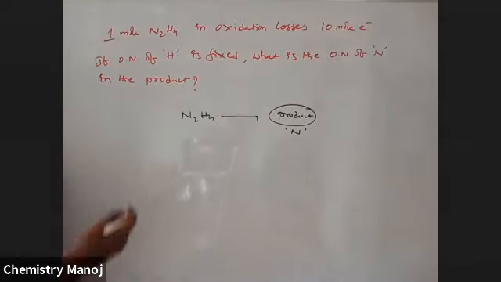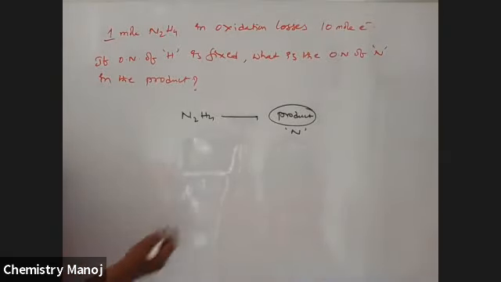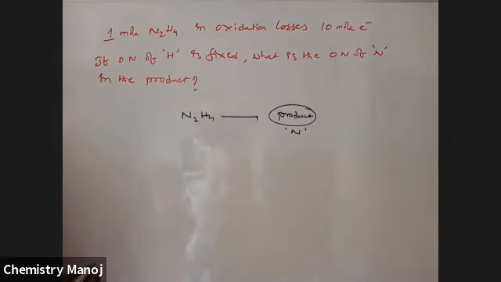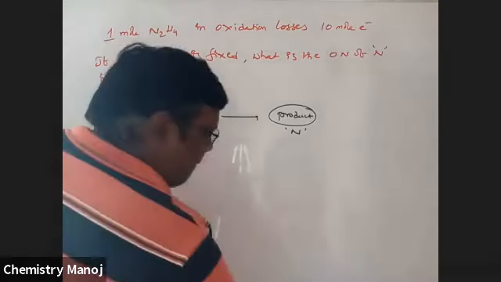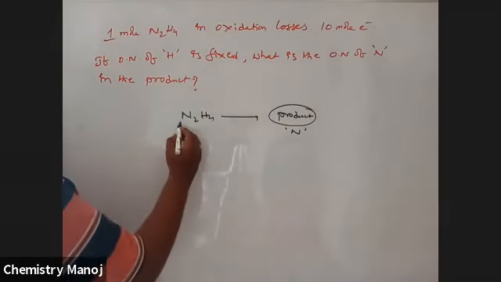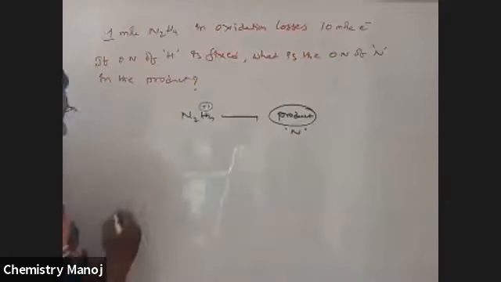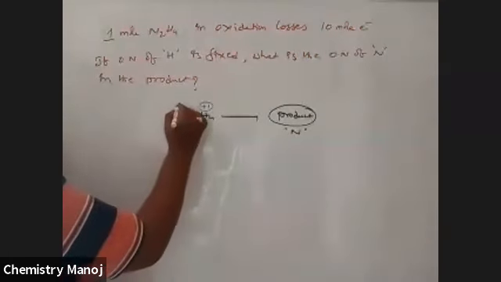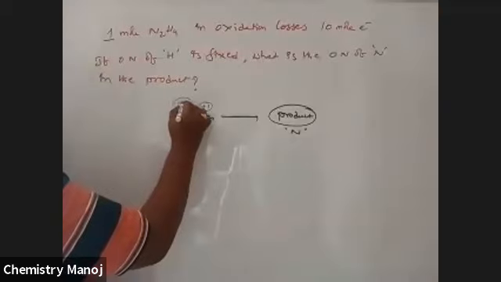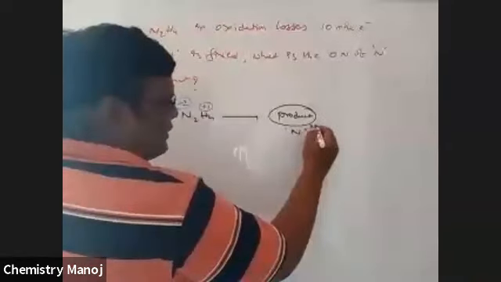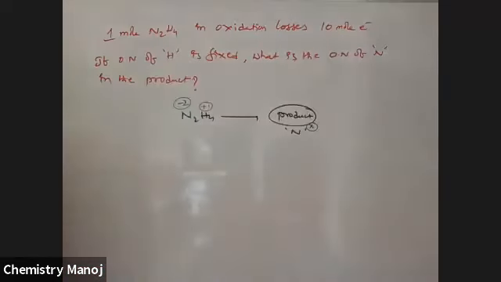The oxidation state of hydrogen is fixed, plus 1, but what is the oxidation state of nitrogen in the product? Here nitrogen is minus 2. Let the oxidation state of nitrogen in the product be X.